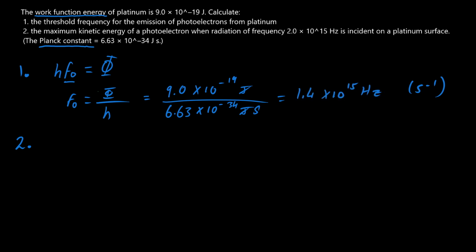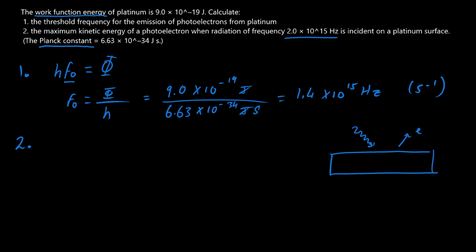But now we're given another photon of light with a higher frequency. So this extra energy is going to be transferred to the photoelectron as it leaves the surface. So we've got the photon coming in, and it will eject the electron with some kinetic energy.